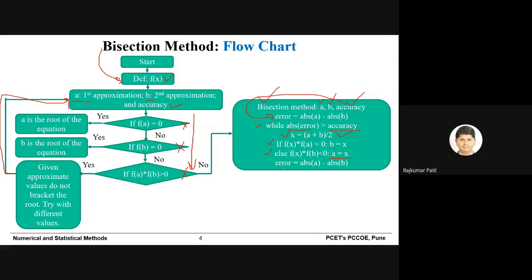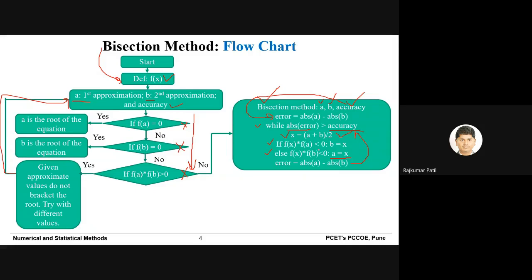And again we calculate error, absolute value of a minus absolute value of b. And if this new error is greater than the accuracy required, then the loop is executed again.